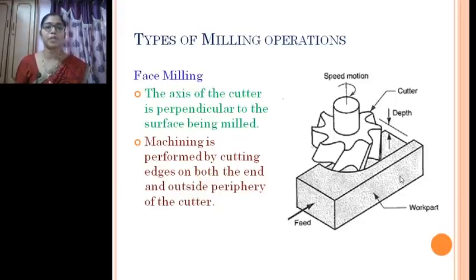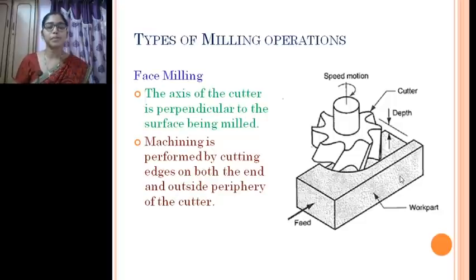Like for example, you can ask me, even by using a lathe machine, by using a four jaw chuck, I can place a square block or a rectangular block. There also I can hold the workpiece with an independent four jaw chuck, a square workpiece, and then do the machining operation. Here also I am doing the same thing.